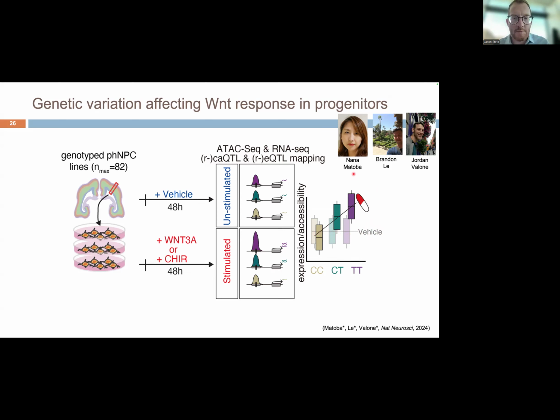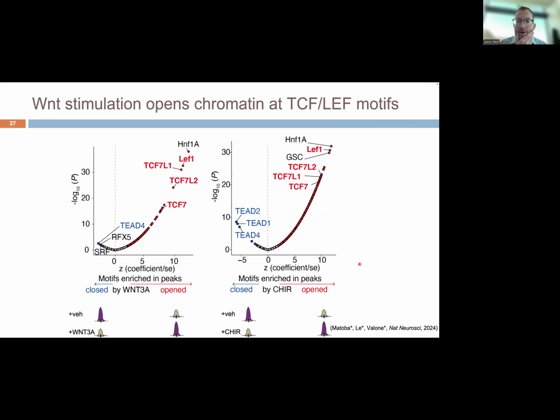And this study was led by Nana Matoba in my lab, Brandon Lay, and Jordan Vallone, and was recently just published. So the first thing we wanted to do in this study was to find peaks that were opening or closing due to this Wnt stimulation. And we expected that those peaks that were opening due to Wnt stimulation would be enriched for motifs for these TCF/LEF binding sites.